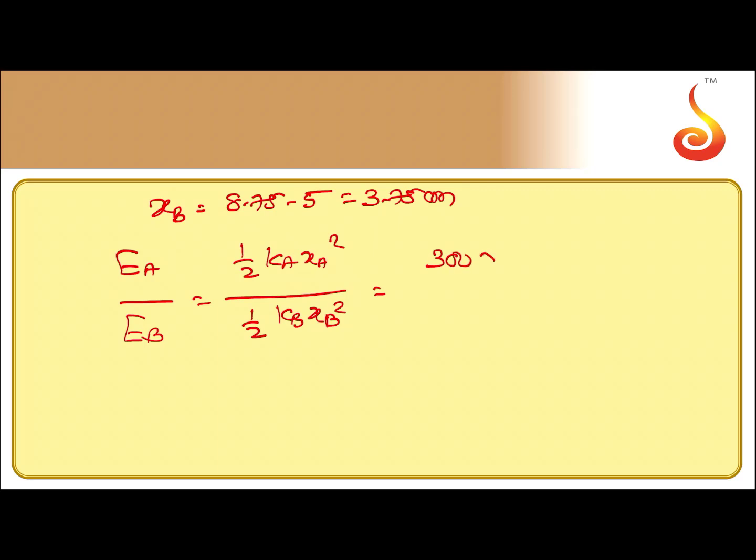K is 300, xA is 5 square, divided by 400, 3.75 square. So you can simplify it further and it reduces to 4 divided by 3. So it simplifies to 4 divided by 3.